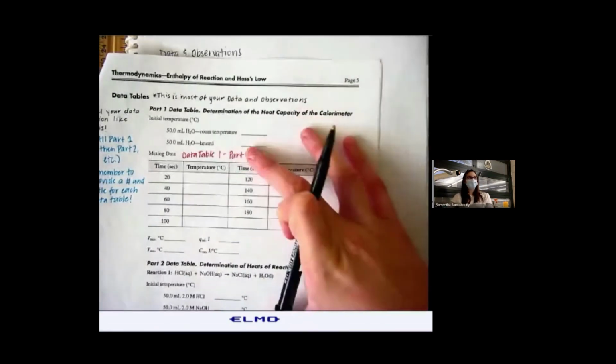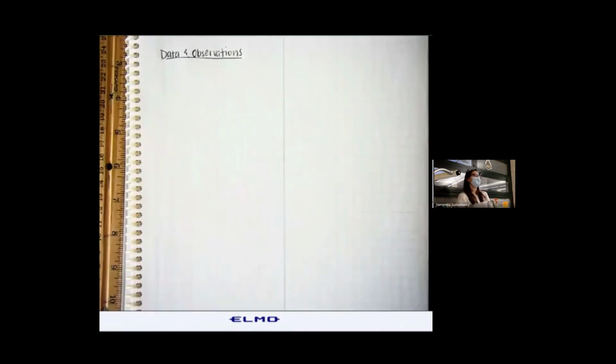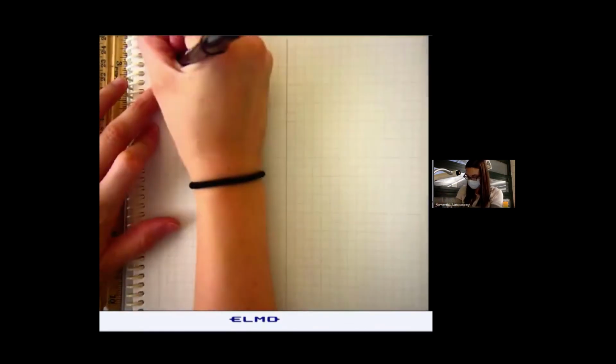So for the data and observations, we're essentially going to take what is in the handout and transfer it to the lab. So I know it says part 1 data table, but we're just going to label it part 1 because we'll label all of our data tables appropriately.